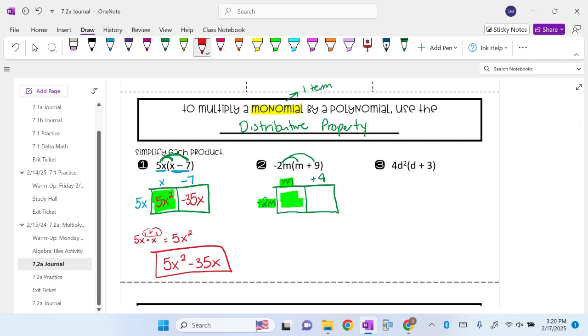Remember, exponent rules, you're adding those exponents together, so negative 2m squared. And then for this one here, we're doing negative 2m times 9. So negative 2 times 9 is negative 18, and then you slap on an m. Then when you bring everything out of the box, you get negative 2m squared minus 18m.